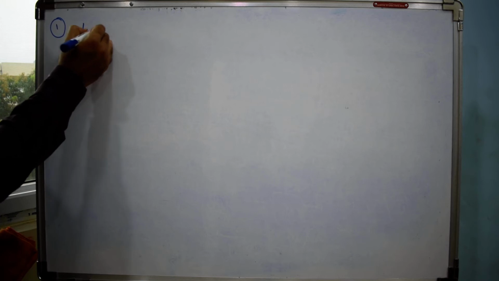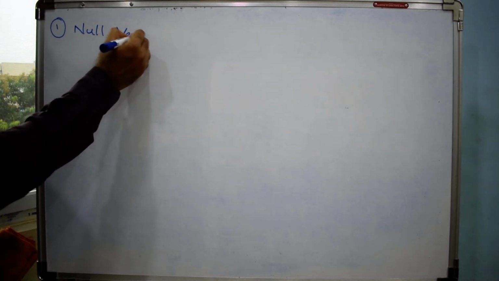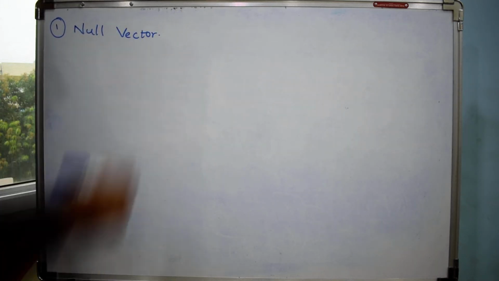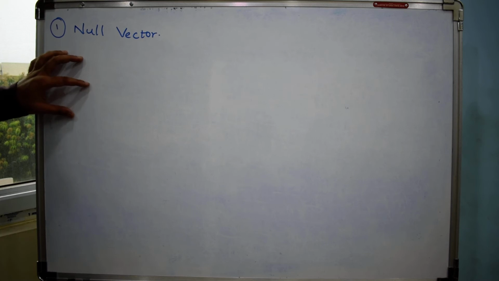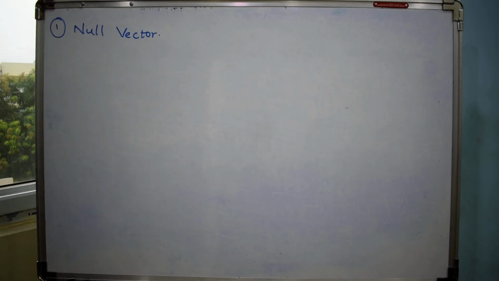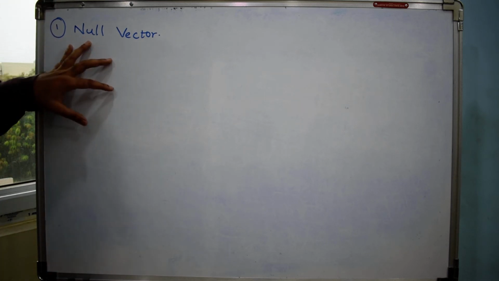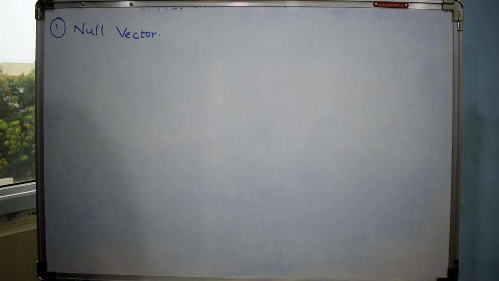I am only telling those vectors which are important in physics, and you will come across a detailed study of vector quantities in mathematics, but here I'm only trying to explain what is required for the study of physics.